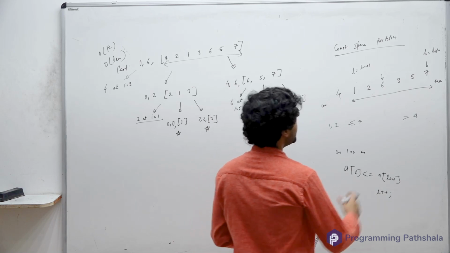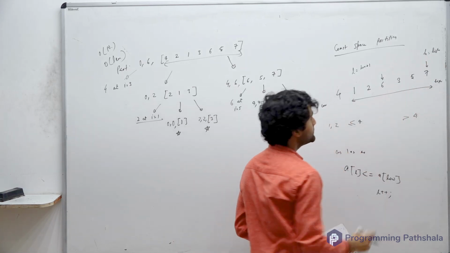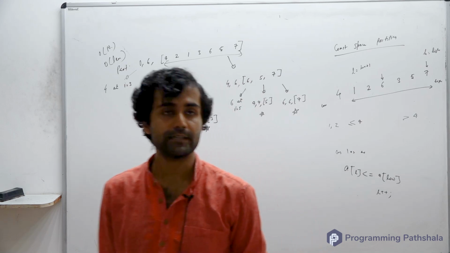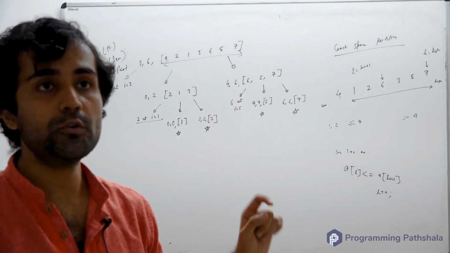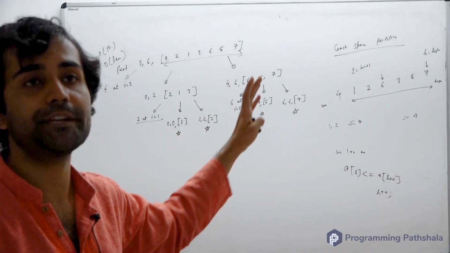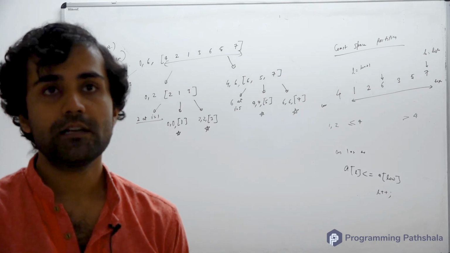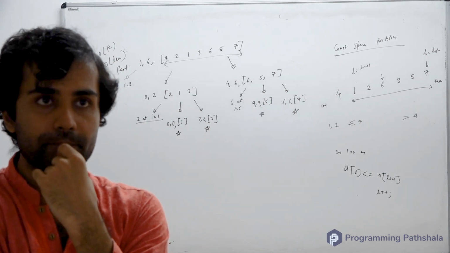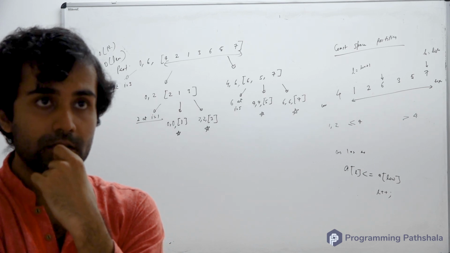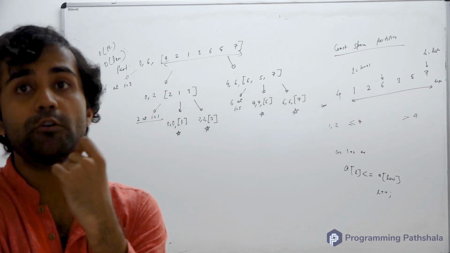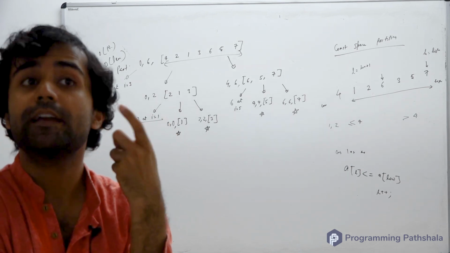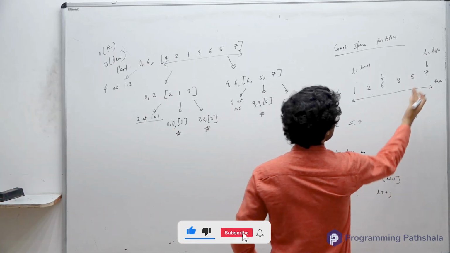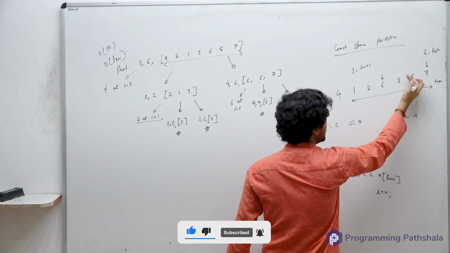Now, can you do the same thing from the right side? What will you do? Here, instead of incrementing the pointer, you will decrement the pointer. And when will you decrement it? When you are getting which kind of elements? Those greater than 4, right? As long as you keep getting elements strictly greater than 4, you will keep on decrementing this.